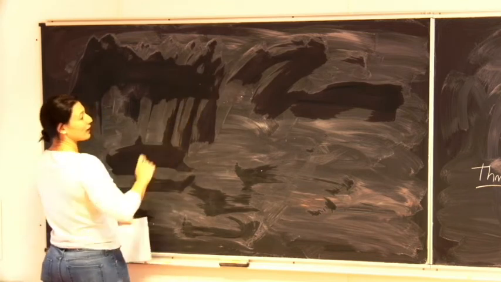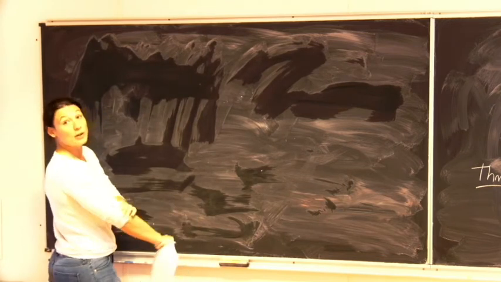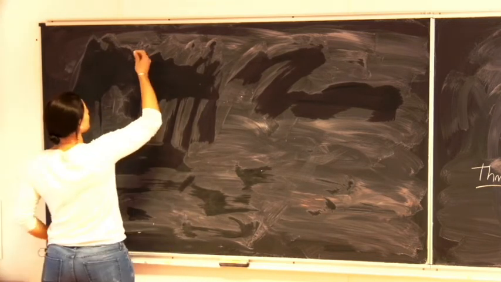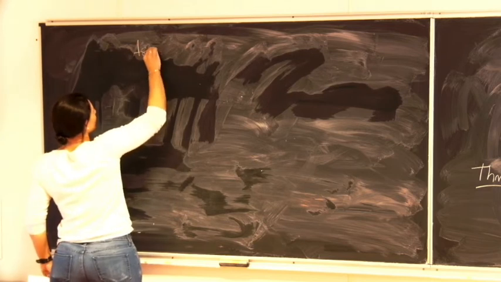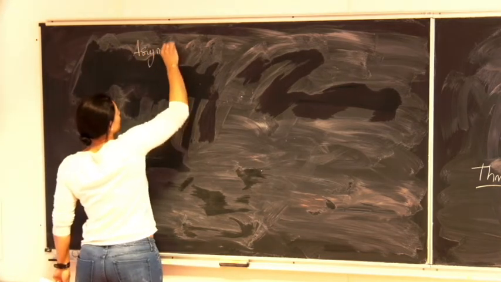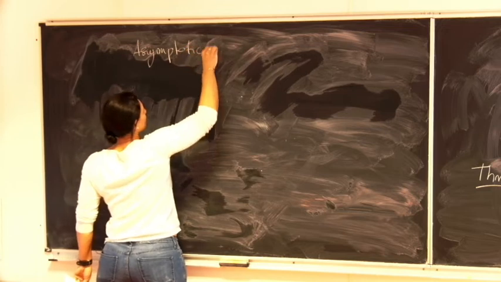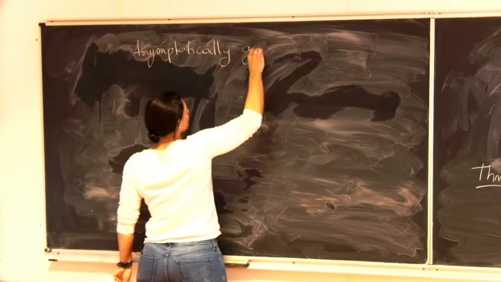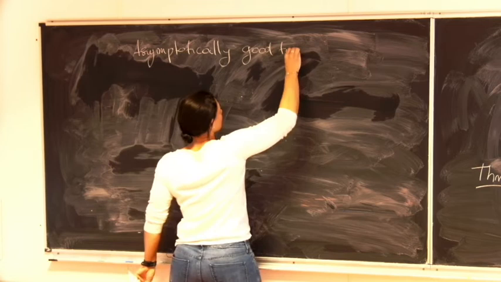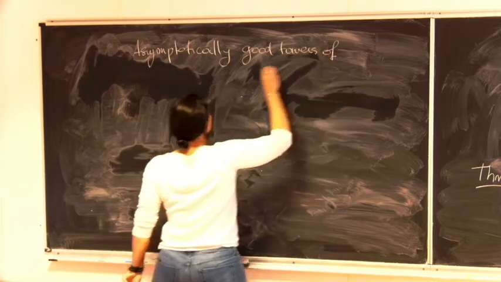So one way of getting lower bounds for the Ihara constant is through the study of asymptotically good towers of function fields.